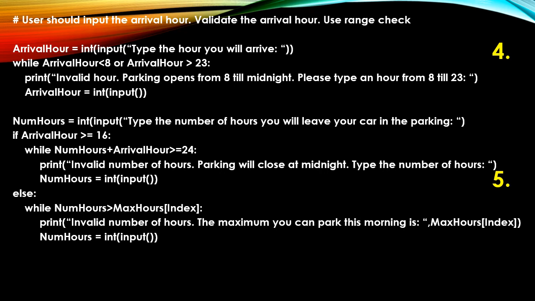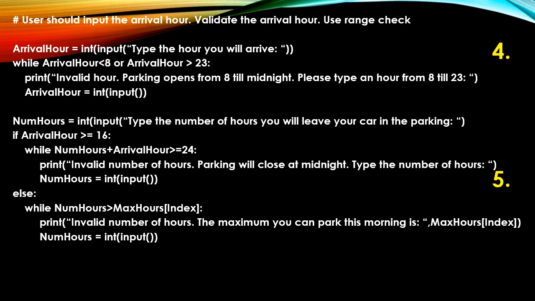So we're going to validate while the number of hours you type is greater than the maximum hours allowed at that index, we're going to give an error message, invalid number of hours. The maximum you can park this morning is max hours of the corresponding index. And we'll give an opportunity to retype the number of hours.